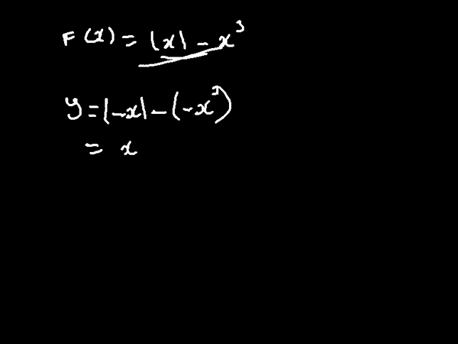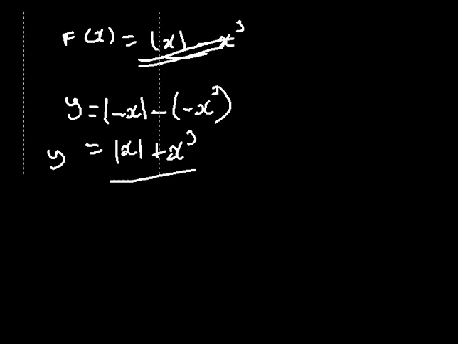It is the same as the absolute value of x. And for this case, what you can have is plus x to the power 3. As you can see, this function is not the same as this function. Therefore, it is not symmetric even about the y-axis. So take note of that case. That's how we should have it there.